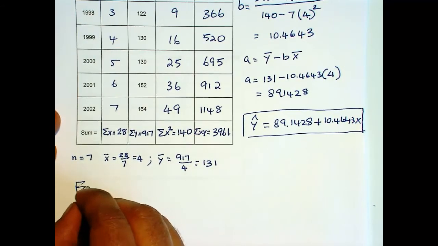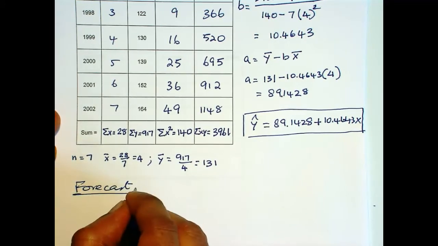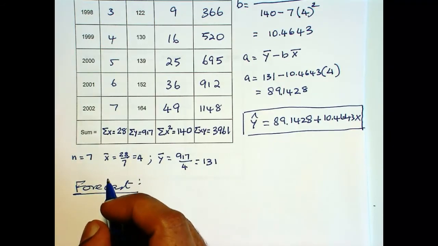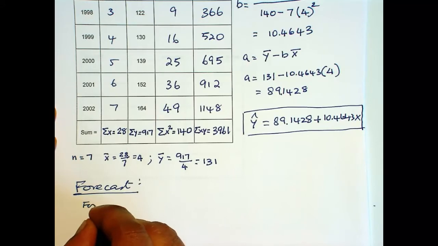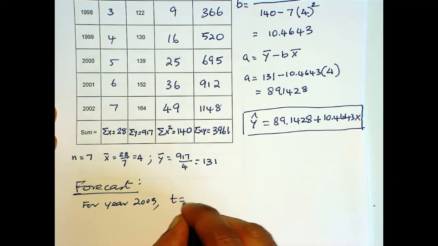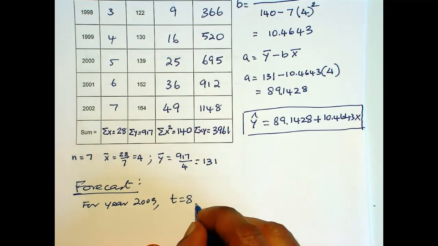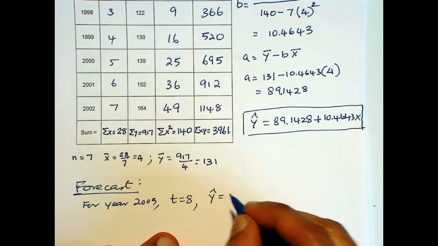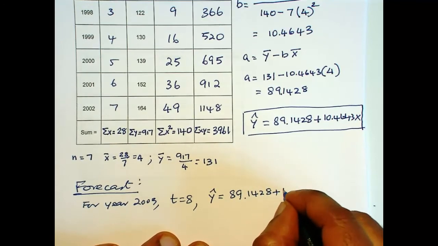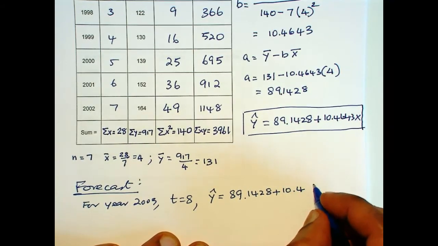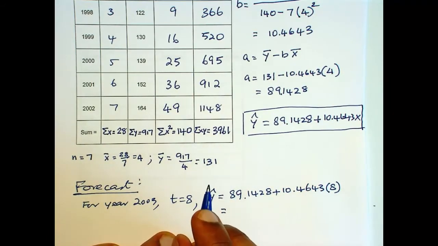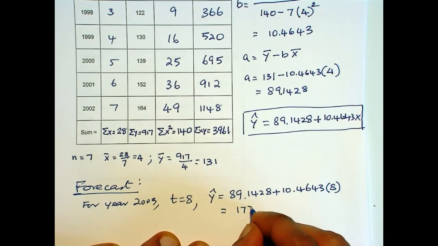Now we want to find the forecast. So for year 2003, t is 8. So you put that into this equation: 89.1428 plus 10.4643 times 8, then the forecast is 172.9.